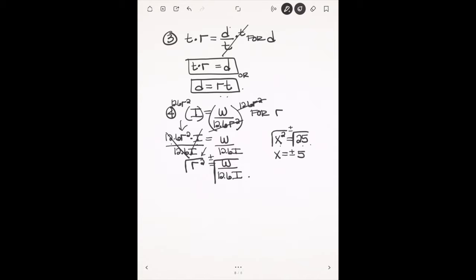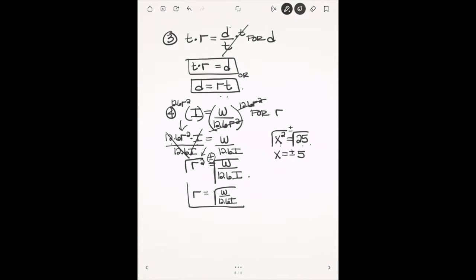R represents distance, and you can't have negative distance. So when I actually write my answer, I'm going to ignore the negative part because you can't have negative distance. So I'm going to say R equals the square root of W over 12.6I. And I am not going to put the negative answer because it doesn't make any sense.